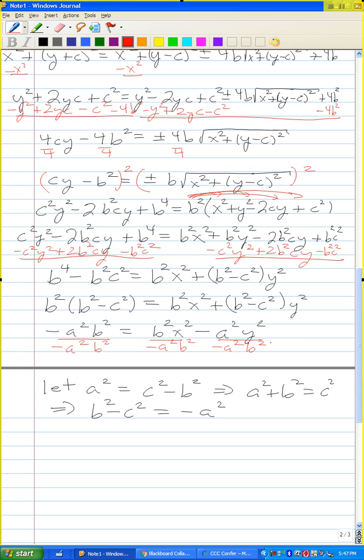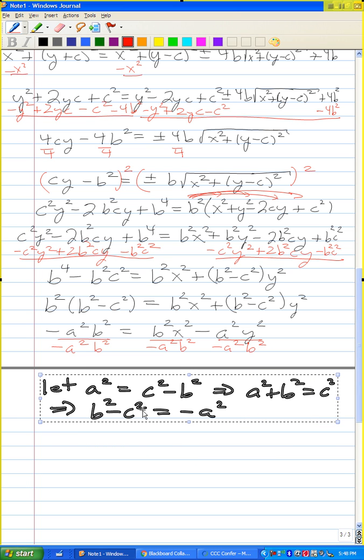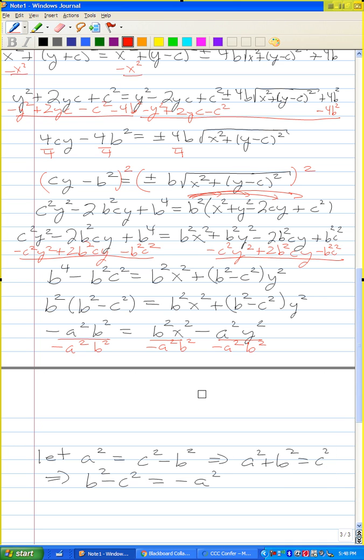And so the a squared b squares cancel. Let me actually move this down a little bit so it doesn't interfere. And so I get here, the b squares cancel, so you get a negative x squared over a squared. Negative and negative become positive.